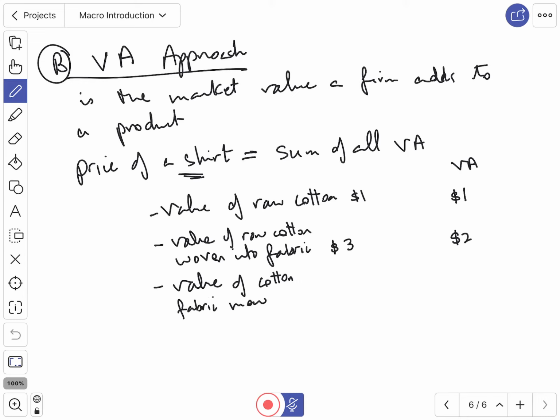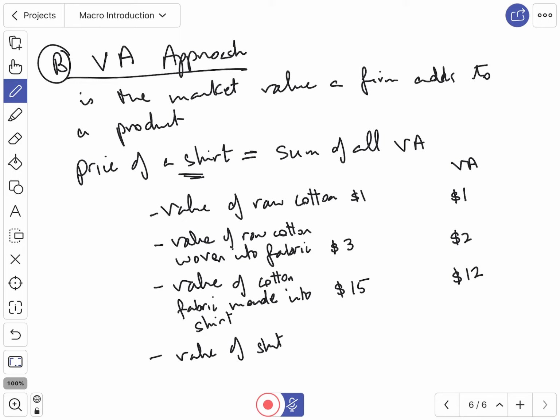And it's made into shirts. And suppose the value now is 15. Okay, how much I've added at this stage? 15, right? Minus the previous stage, so 15 minus 3, I have added 12. Okay, and then next, what is the value of the shirt?